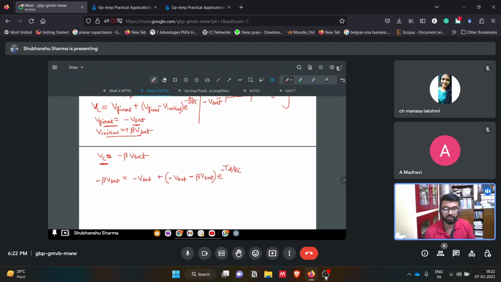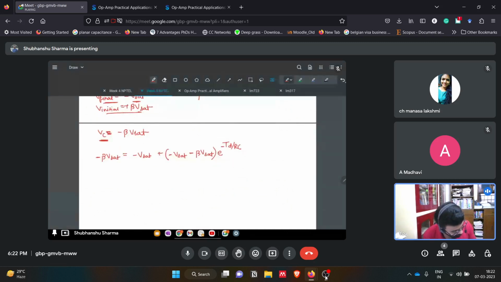This is the discharging time. Solving this, it will be plus beta, 1 plus beta, e to the power minus TD by RC.